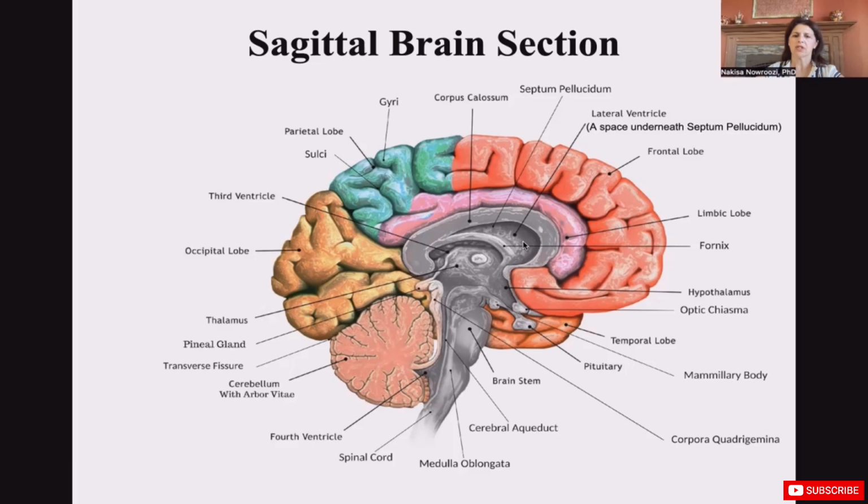And we already talked about lateral ventricles here, which if I poked through the septum pellucidum, it would take me to lateral ventricle. It's marking us the gyri and also sulci. And this one's parietal lobes, occipital lobe, and frontal lobe.